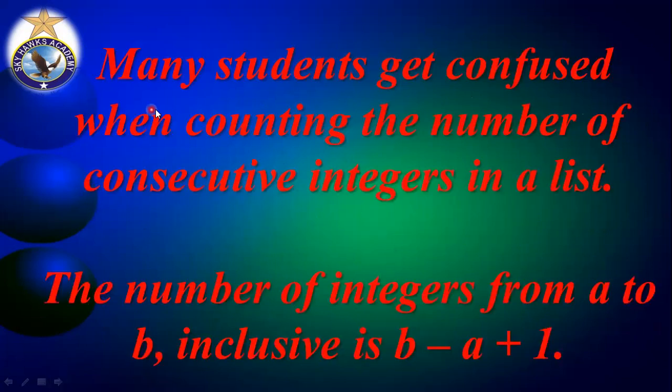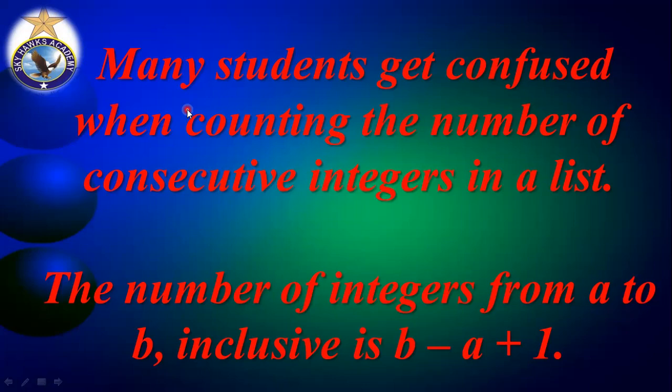Now, many students get confused when counting the number of consecutive integers in a list. The number of integers from A to B inclusive is B minus A plus 1. This is another type of problem. If somebody is asking you to calculate the numbers between these two digits, then consecutive integers in a list.